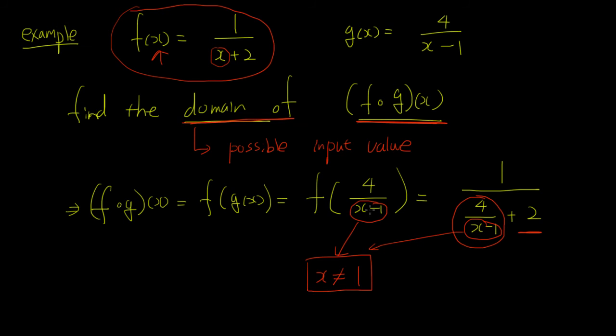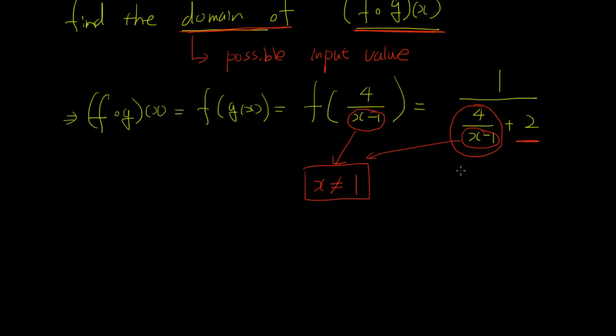So you should figure out from this, 4x minus 2 equal to negative 2, what x value will make this equal to negative 2, and we do not want that value, right?